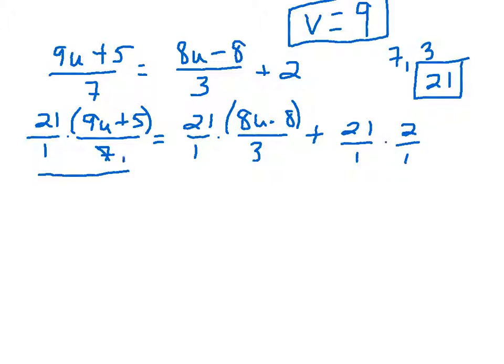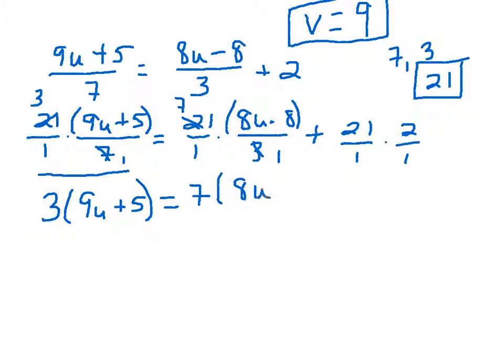7's going to reduce with the 21. So we're going to have 3 parentheses 9u plus 5 equals, the 3 is going to reduce with the 21, turning it into 7. 7 parentheses 8u take away 8, and then, whoops, plus 21 times 2 gives us 42.